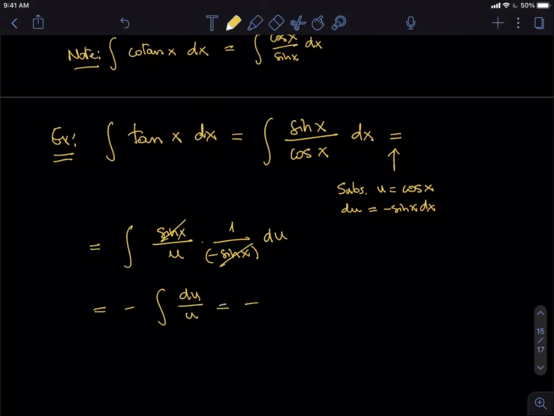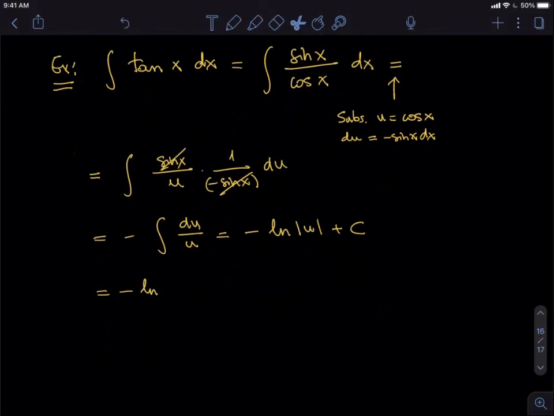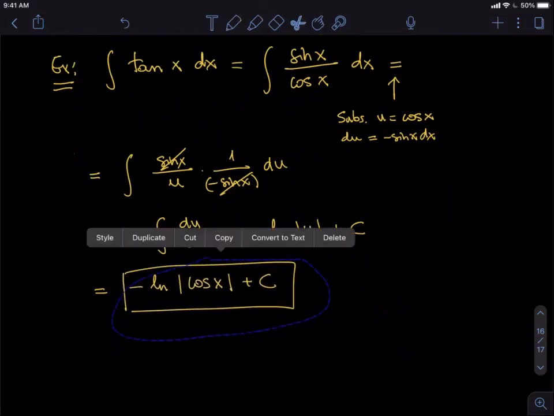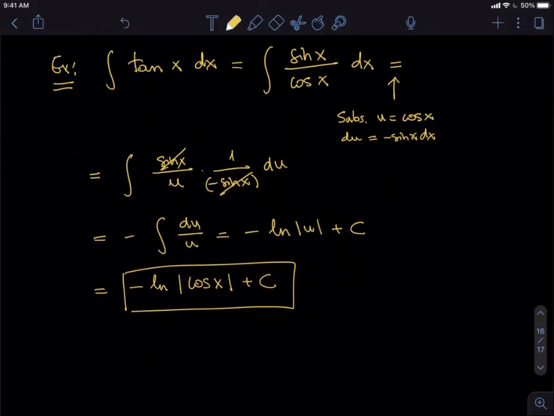And this is negative logarithm of absolute value of u plus c, which is minus the logarithm of the absolute value of the cosine of x plus c, which is difficult to guess for the integral of the tangent. Okay, this is definitely something we don't memorize, we just compute on the spot using substitution.